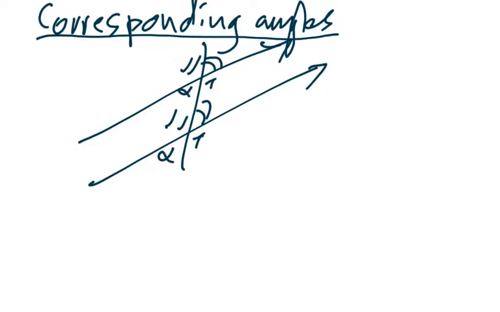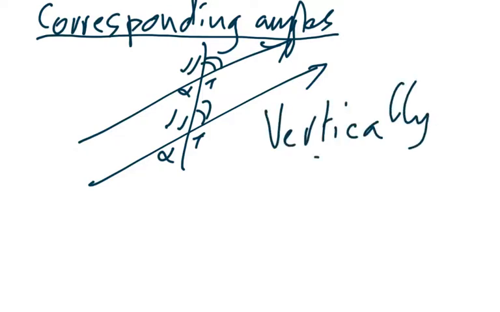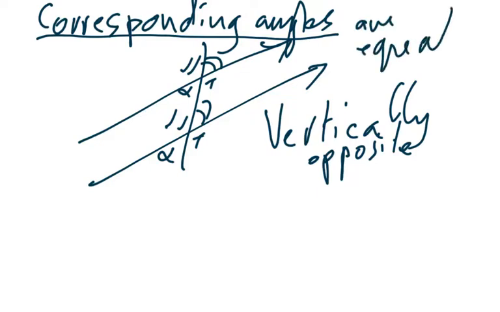Then we've talked about vertically opposite angles. Now we have to remember corresponding angles are equal, and vertically opposite angles also are equal.